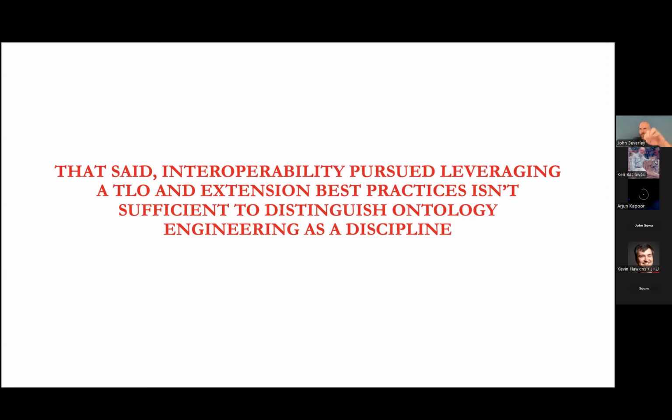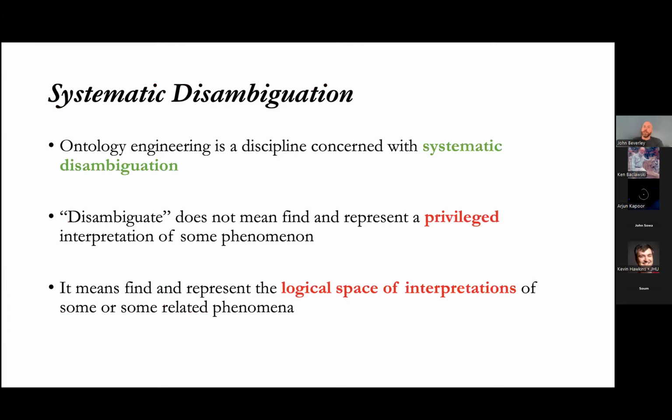Now, for all I've said about interoperability and information quality, I've not really said enough to distinguish what we do as ontology engineers from other disciplines. Although I've gestured at it, it's that systematic disambiguation. And I want to emphasize this really hard.